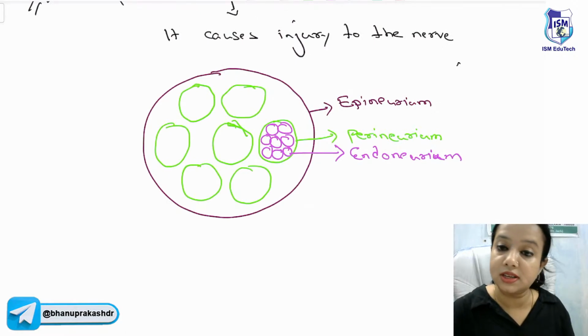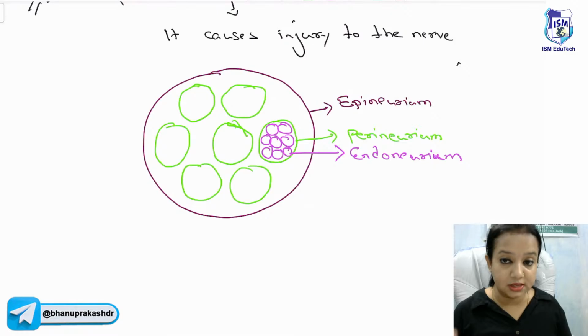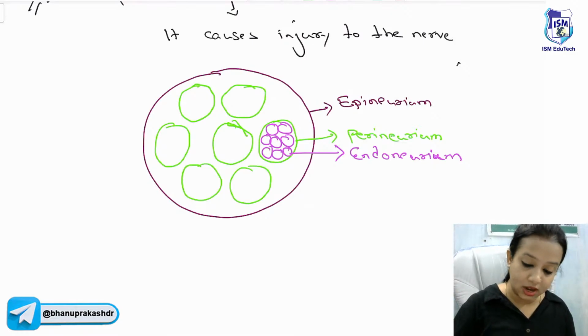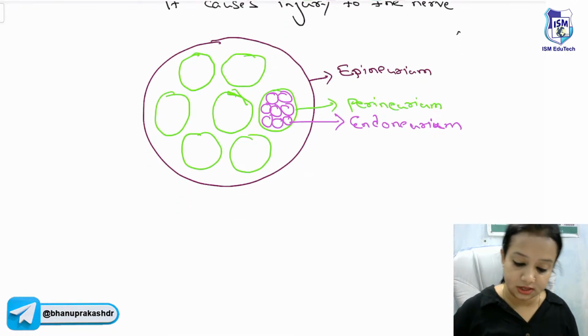So whenever there is any injury to the nerve, it will be called an injury if there has been damage to any of these structures like the epineurium, perineurium, endoneurium, or even if the axon or the myelin sheath has been disturbed.